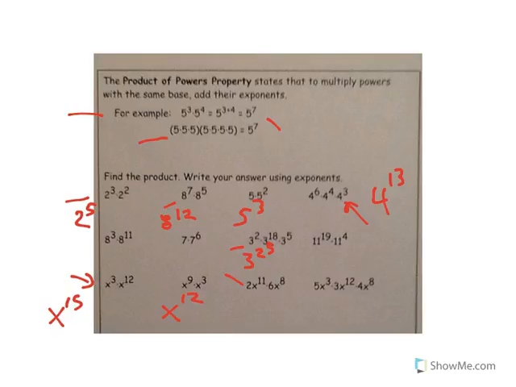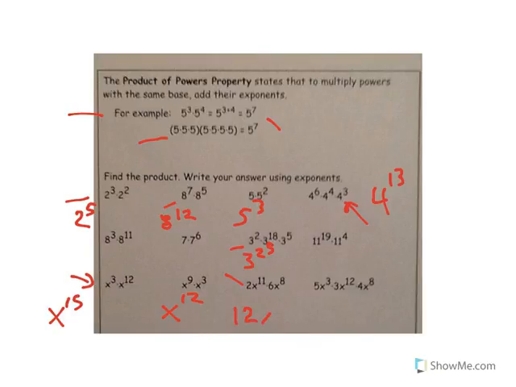And then, this is where it gets a little bit more complicated, but I'm confident you got it. So when you have a multiplication like this, you're going to multiply the numbers, 2 times 6. Those are the coefficients, the numbers in front of the actual variables. So that's going to be 12.